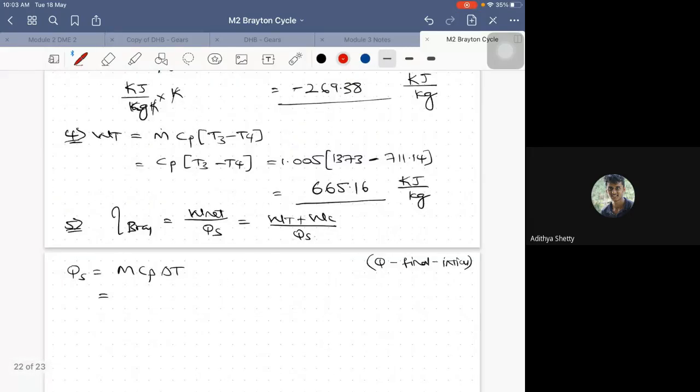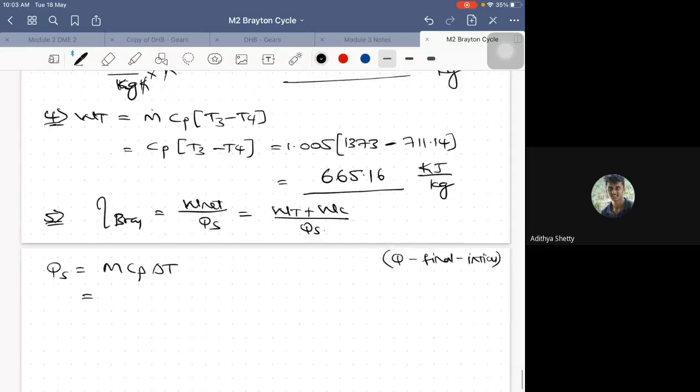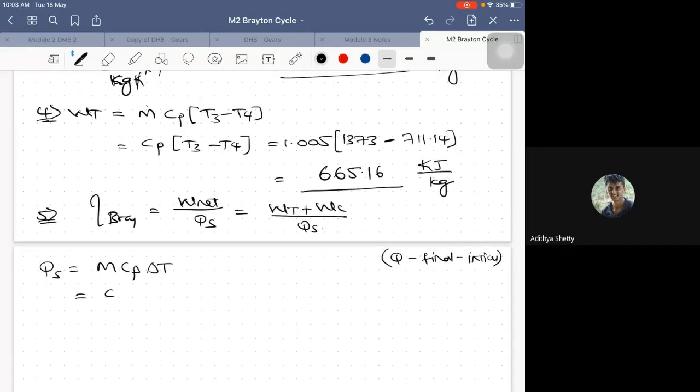You don't have the value of m dot, so whatever you do, just take Cp into T3 minus T2, final minus initial.